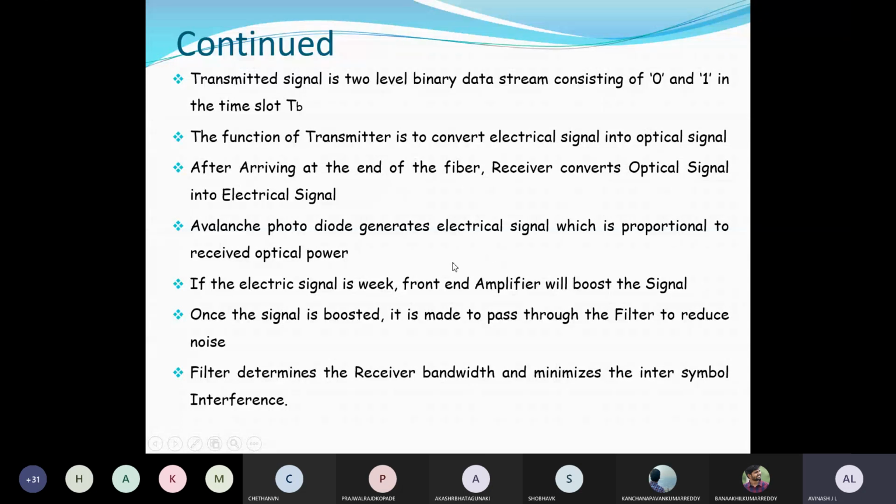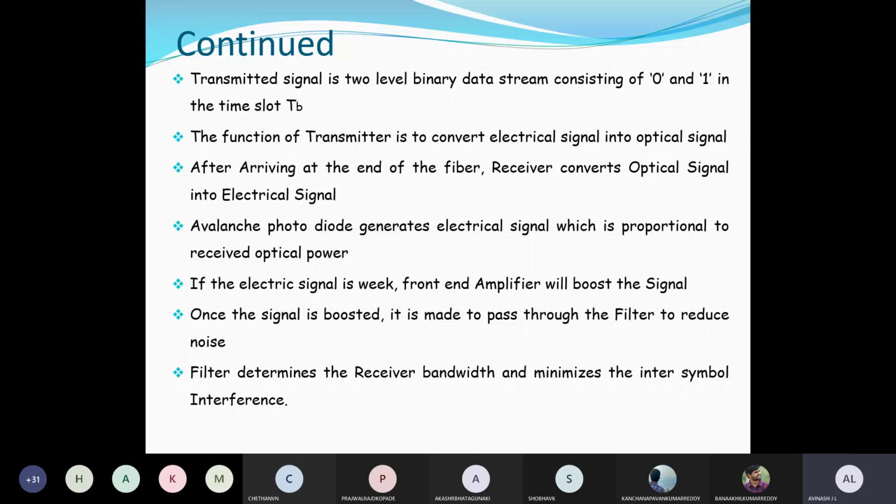So if the electrical signal is weak, the front end amplifier will boost the signal. See, what exactly happened when the received electrical signal is weak? Obviously the front end amplifier will boost the signal. Once the signal is boosted, it is made to pass through the filter to reduce the noise.